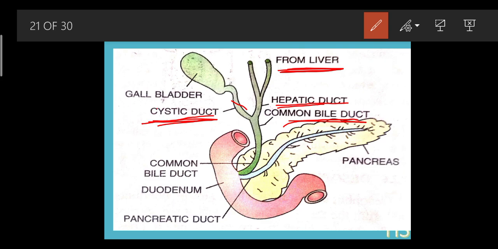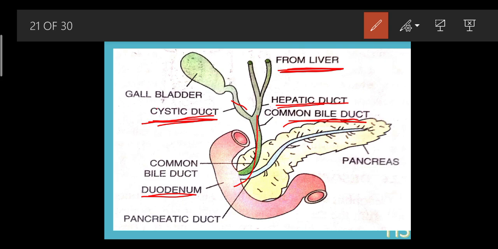Now they secrete this directly into the duodenum. And what is the duodenum? The duodenum is the starting part of the small intestine. This is one of the juices, the bile, which has been secreted.